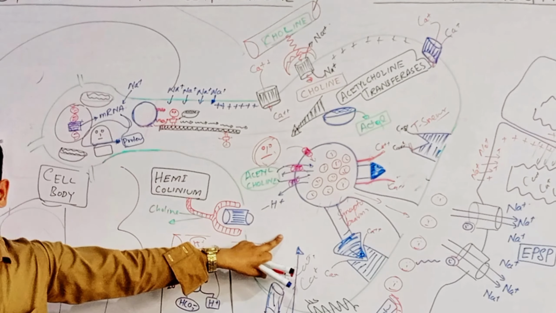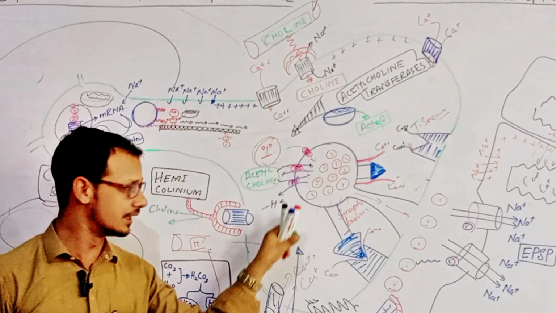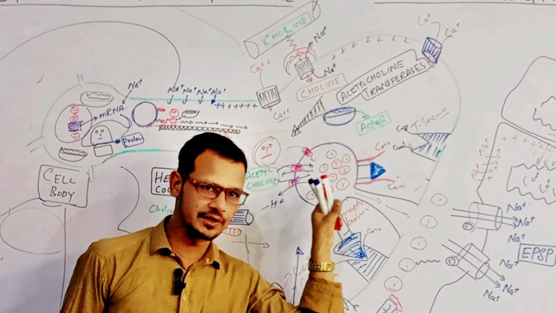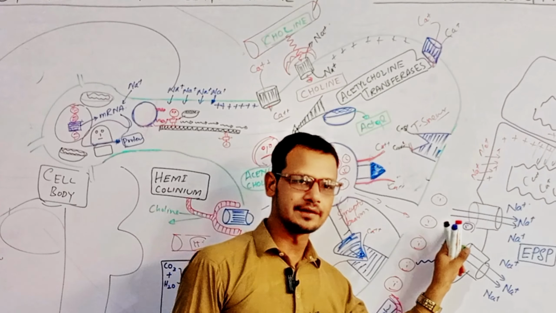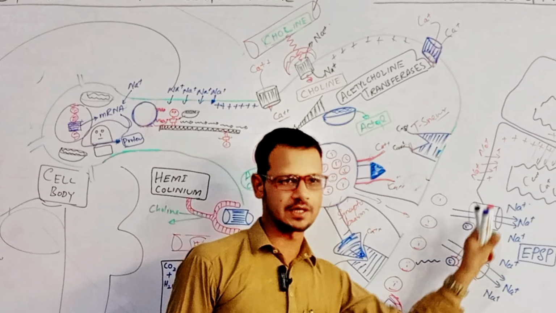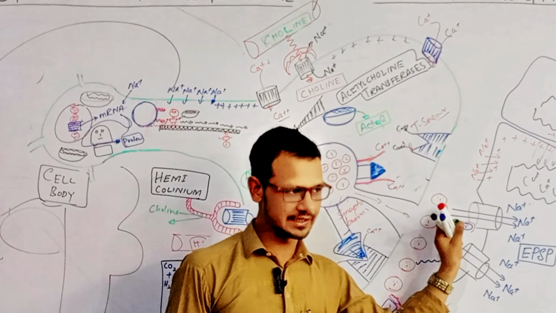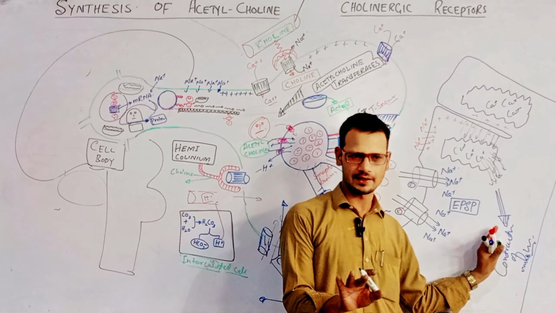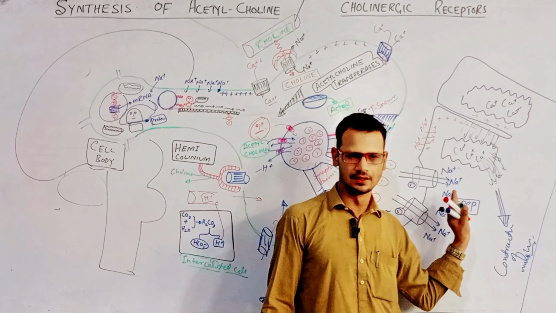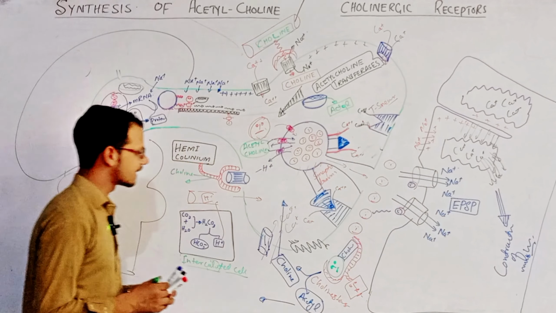When choline is not able to go into the axon terminal, the acetylcholine will not be formed here, and when acetylcholine is not formed here, it will not be able to activate these receptors, and when these receptors are not activated, the contraction will not take place. This is one example, contraction, right? Dilation, a lot of examples are of nicotinic receptors, right?